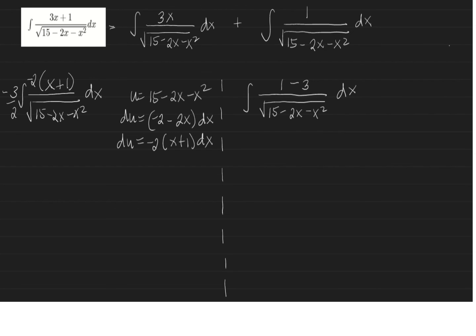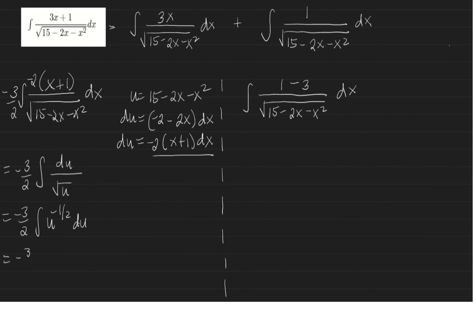So if we show the substitution, our given becomes negative 3 over 2 integral of, so negative 2 times x plus 1 dx will now be replaced by du over the square root of u, and this is the same as u raised to negative 1 half du.